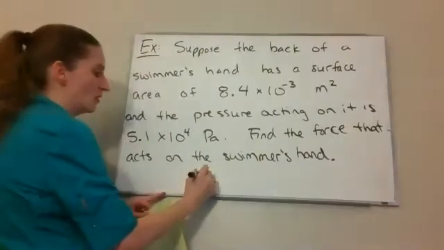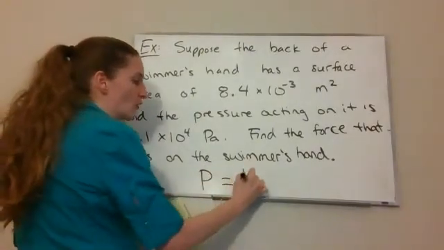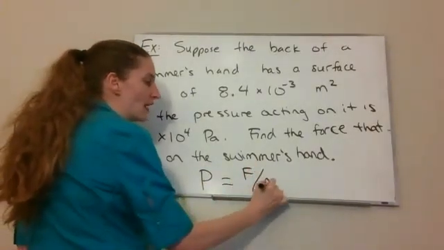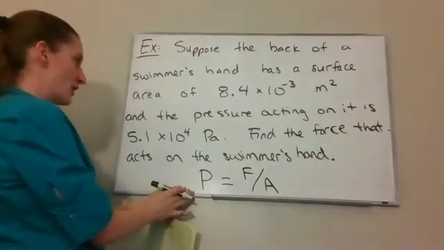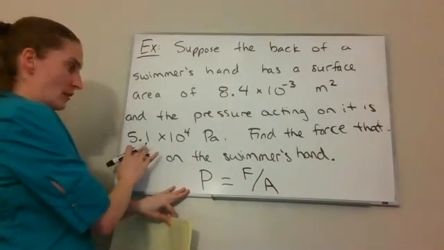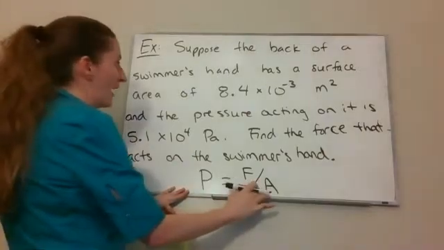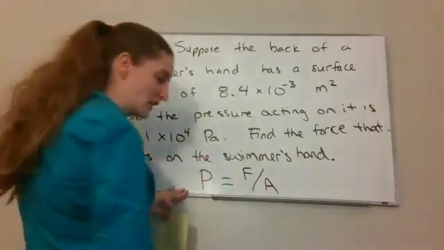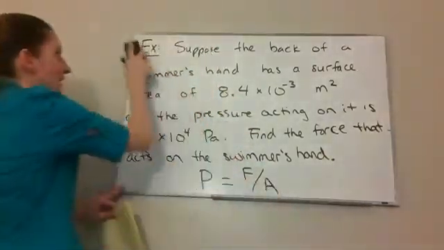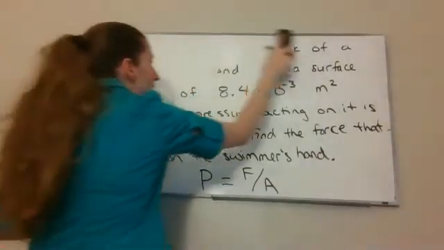I know my pressure is 5.1 times 10 to the fourth. My area is 8.4 times 10 to the negative third. And then I can solve that to get my force.